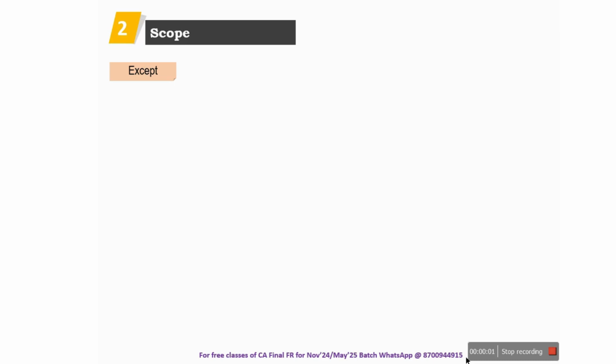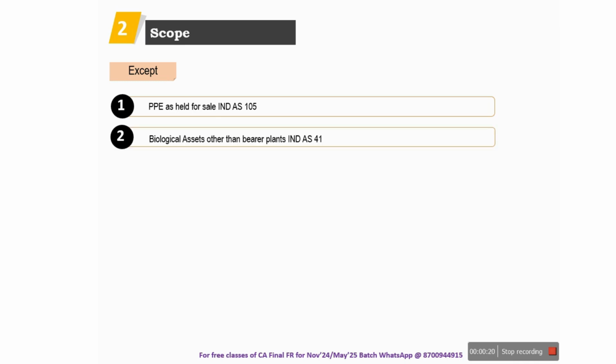Ind AS 16 applies in respect of all property, plant and equipment except where there is any specific requirement of recognition etc. by another accounting standard. For example, in case of assets classified as held for sale, Ind AS 105 will be applied.